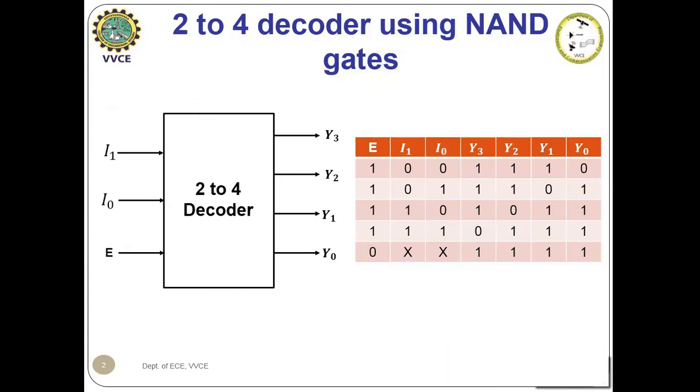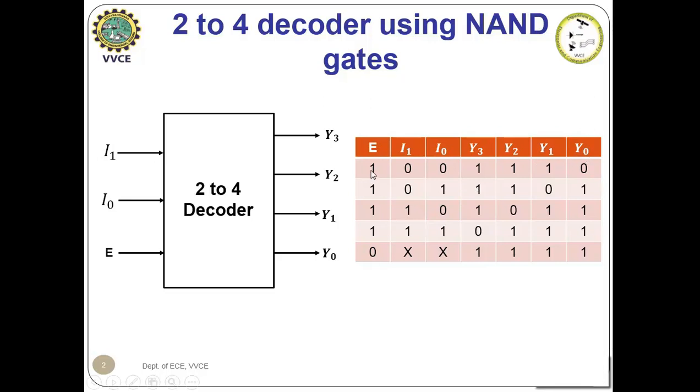Now, the figure shows a 2:4 decoder which has 3 inputs I0, I1 and enable with 4 outputs Y3, Y2, Y1 and Y0. The slide also shows the truth table where E indicates enable input, I1 and I0 are the 2 inputs of a decoder, Y3, Y2, Y1, Y0 are the output.